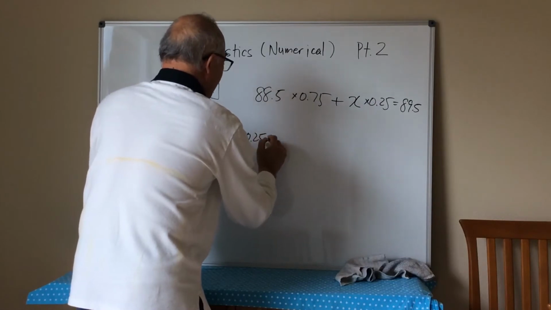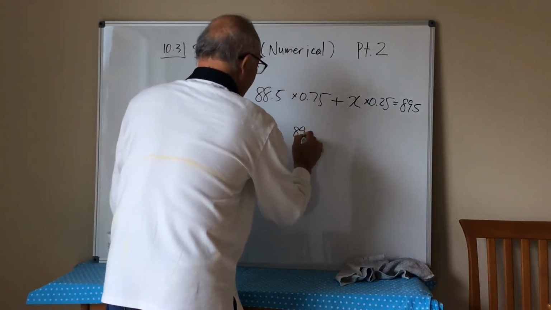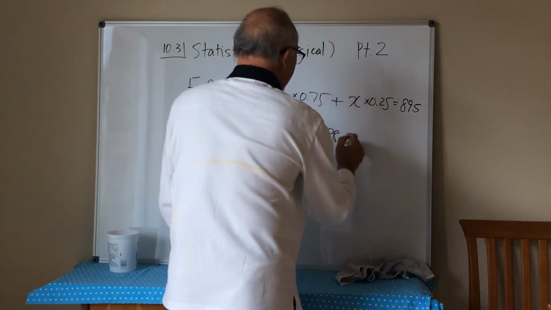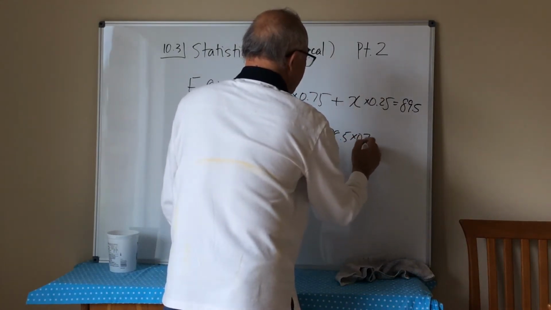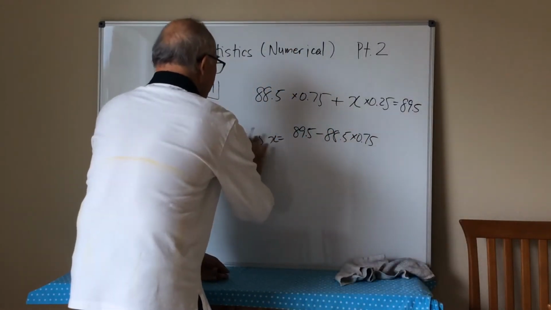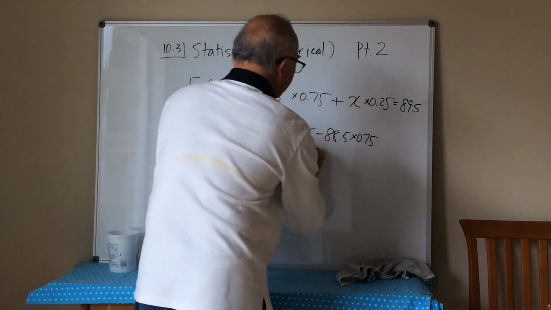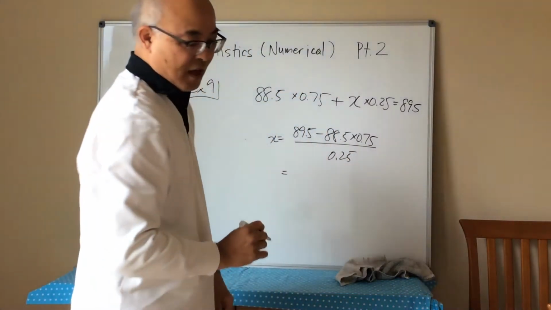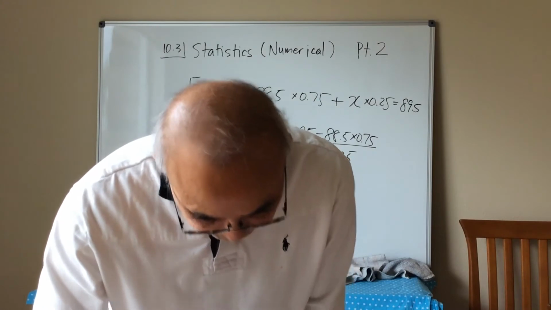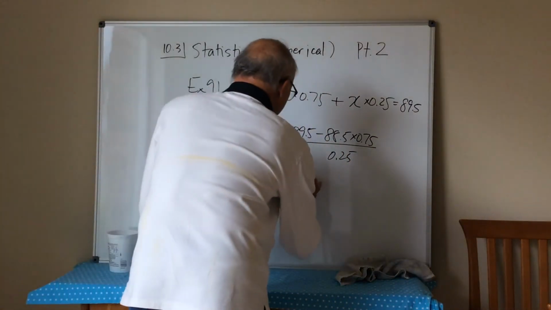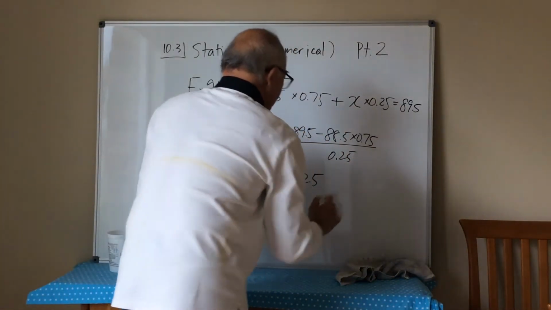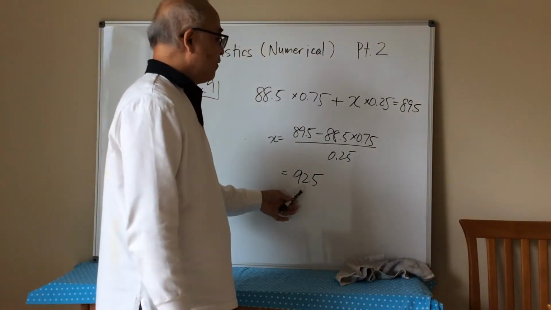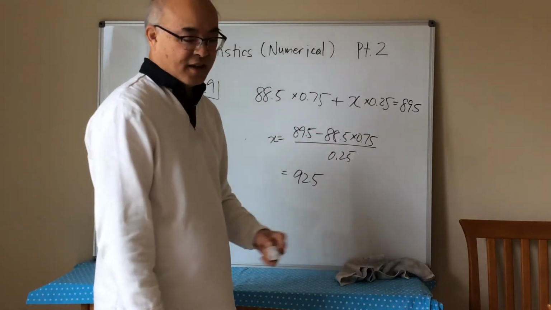I get 0.25 x is equal to 89.5 minus 88.5 times 0.75. You divide both sides by 0.25 now, right? If I do that, I get 92.5. So it seems as though Marty needs to score a 92.5 on the final or better to get the A. Okay?